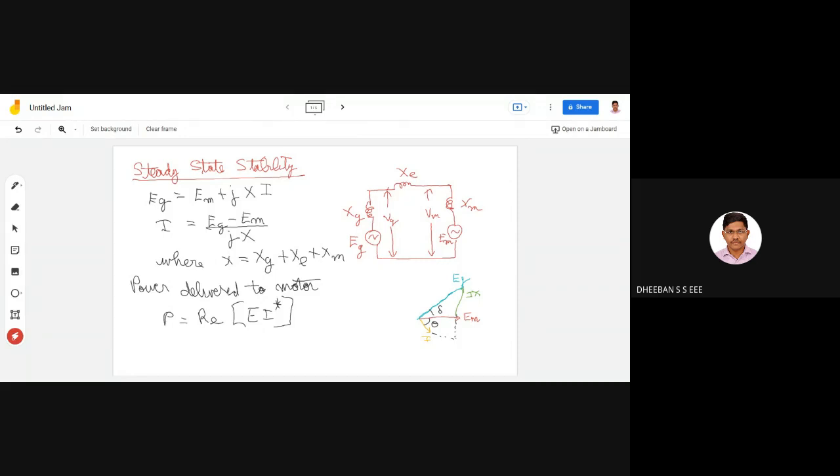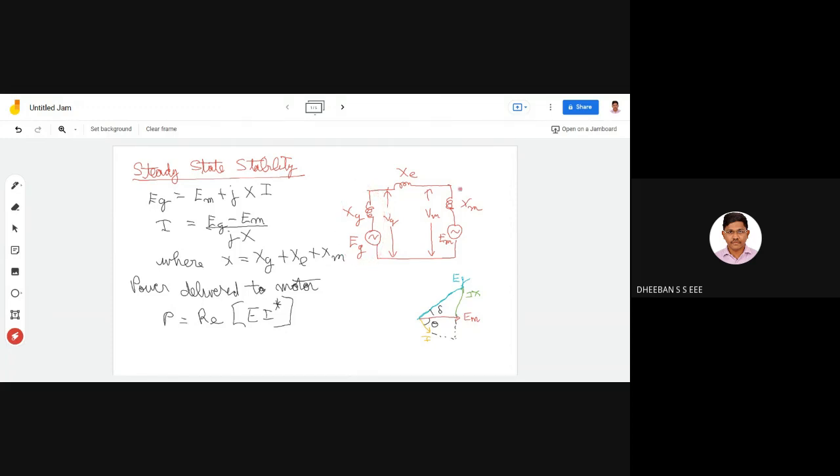So for system steady state stability, what are the parameters we have to consider? We'll be dealing with it. You can consider the power system network. As you know, we are converting everything into a reactance diagram. In the reactance diagram, the left side part corresponds to your generating unit, which is nothing but a generator, represented in this fashion.